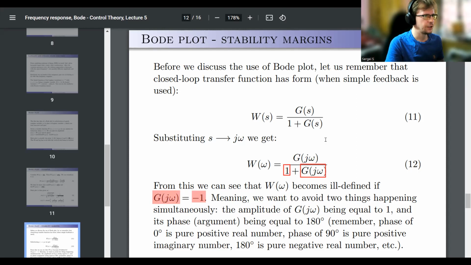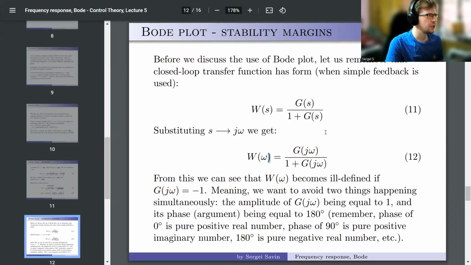All right, so let's see how it works. Before that, just one thing: what does it mean for this function to approach -1? Well, this is a complex number. It can be just -1, that is one possibility.